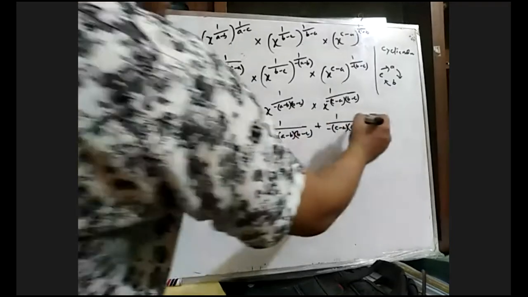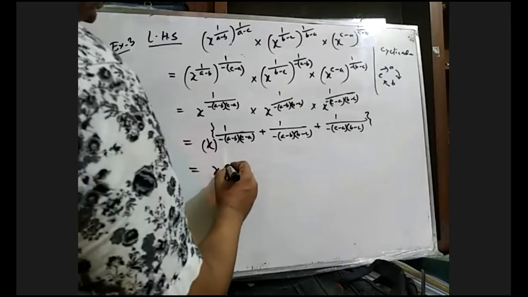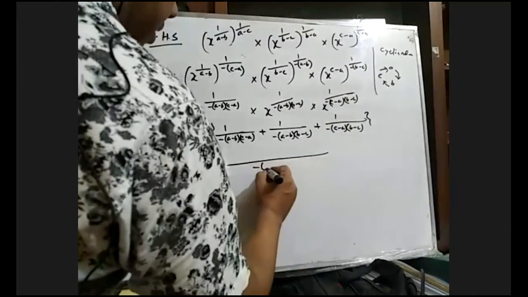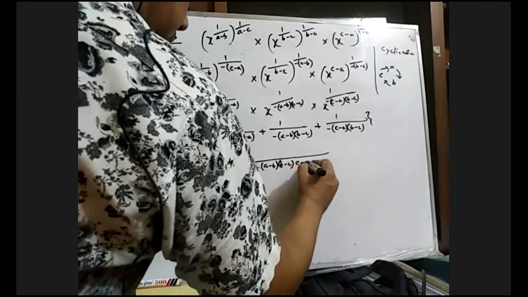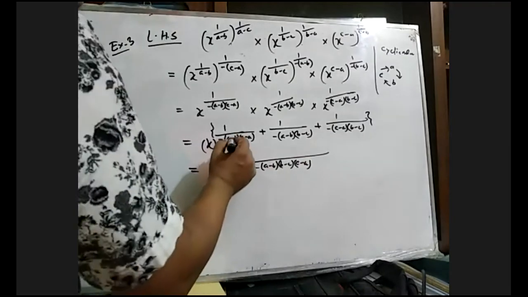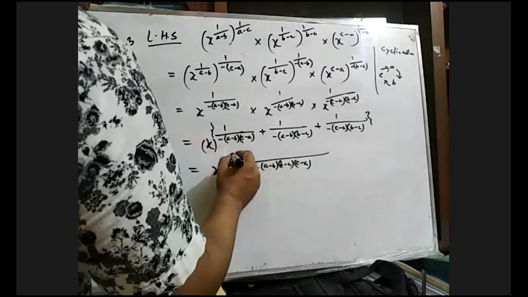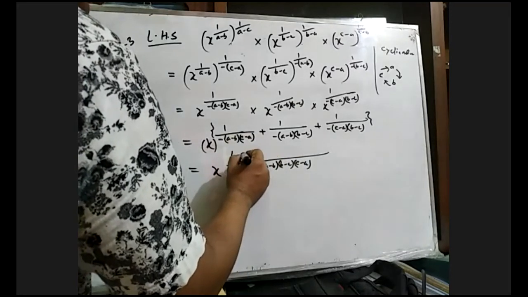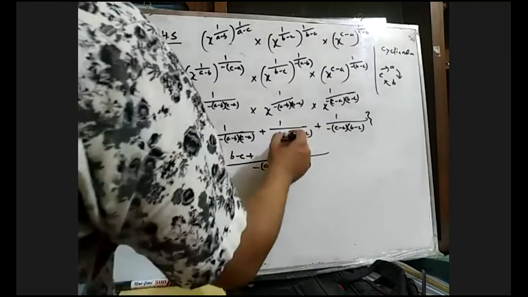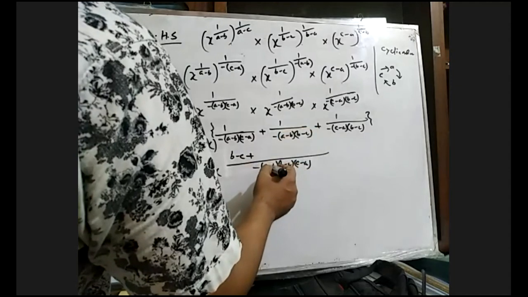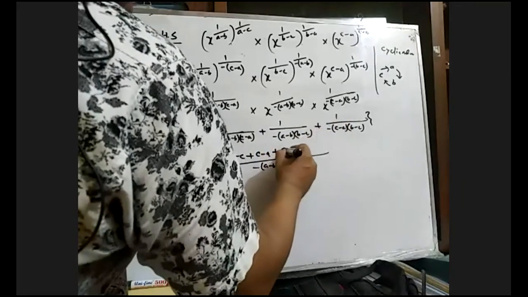So this whole power can be written as, we can take the LCM from here. What will be the LCM? (a minus b)(b minus c)(c minus a) will be the LCM. So dividing by this, we can write (b minus c), okay, plus dividing by this, the LCM becomes what? (a minus b)(c minus a), okay, plus this will be (a minus b).